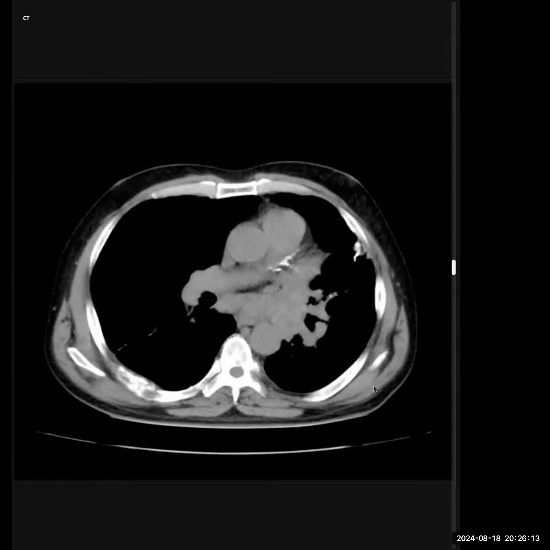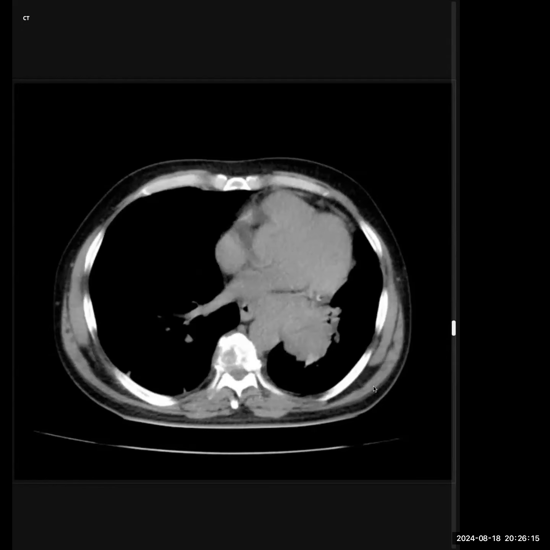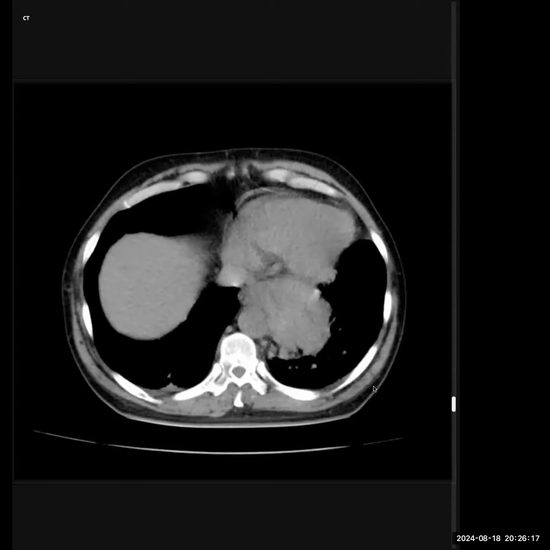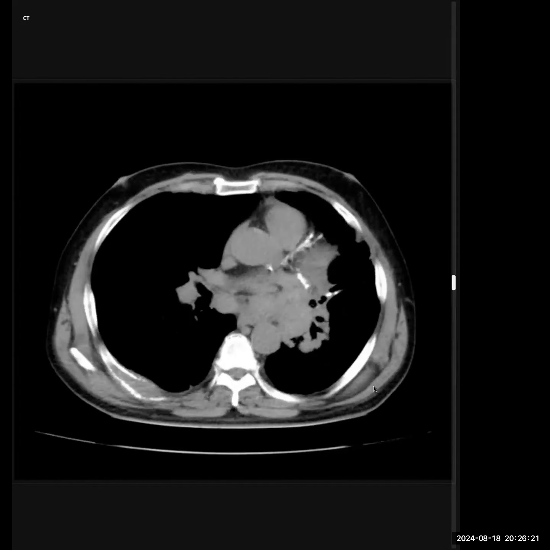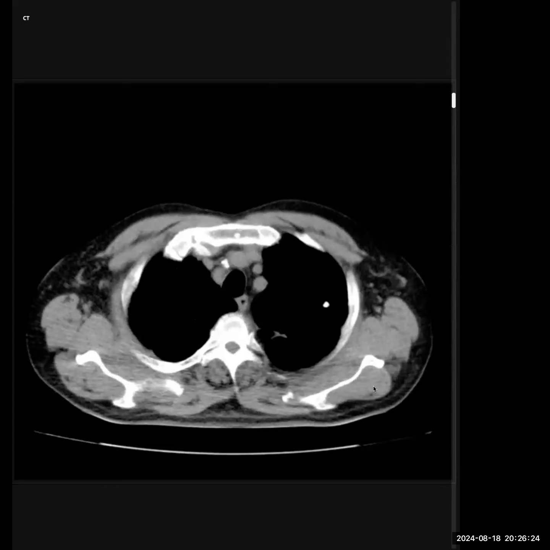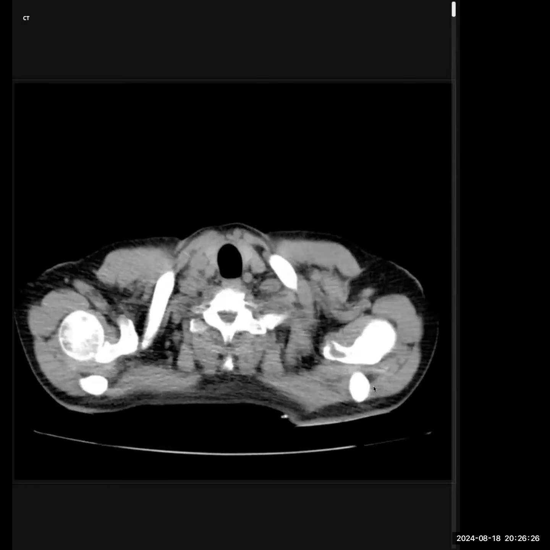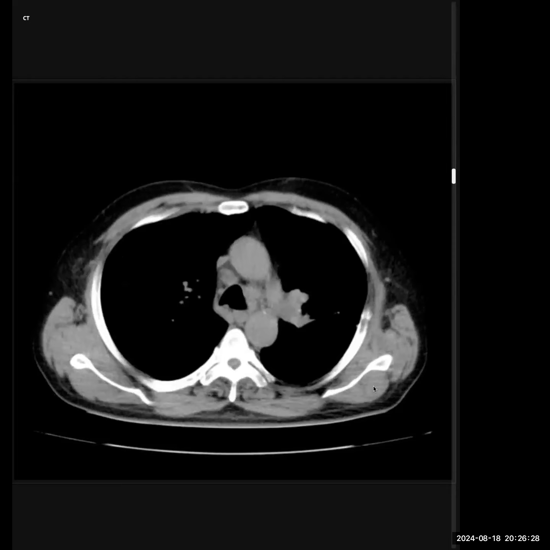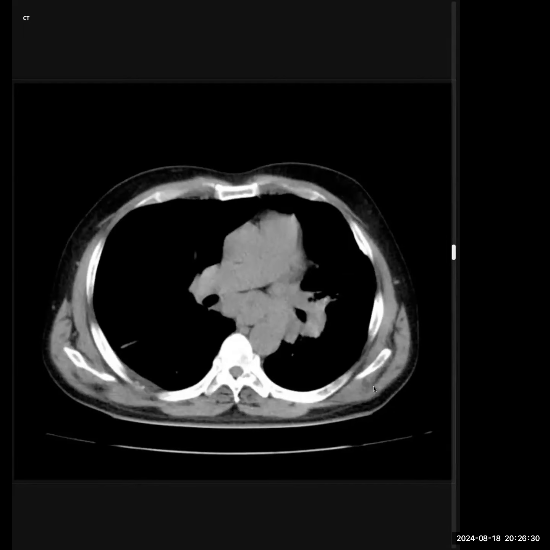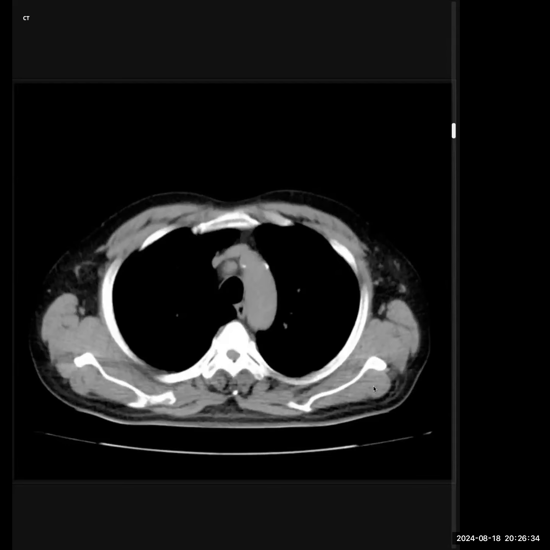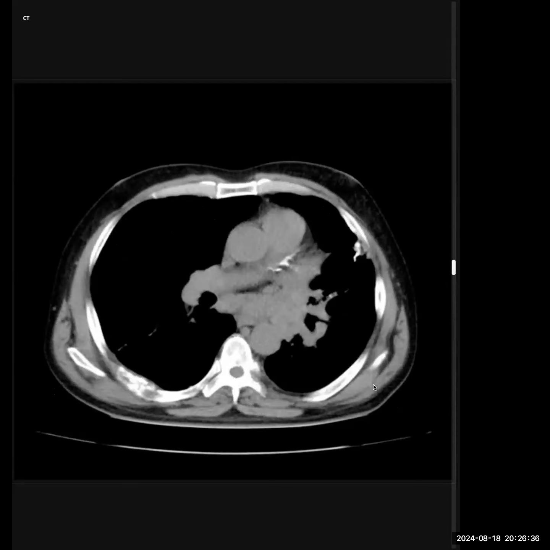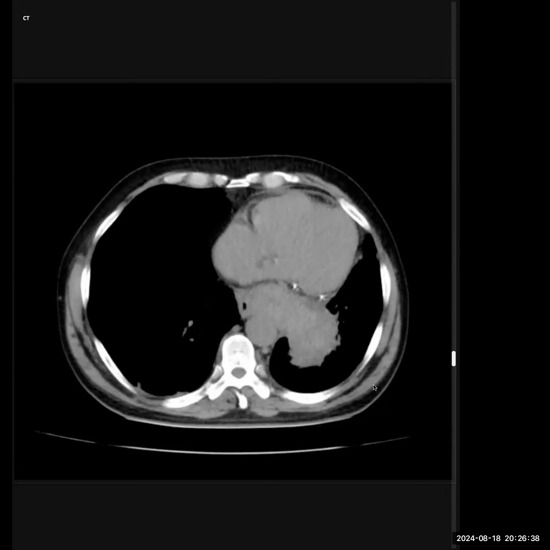I can also see that there are no obvious vessels passing through this. There's possibility of a bronchial cutoff also seen. Yeah, there are enlarged lymph nodes, a few in the paratracheal region and subcarinal region.